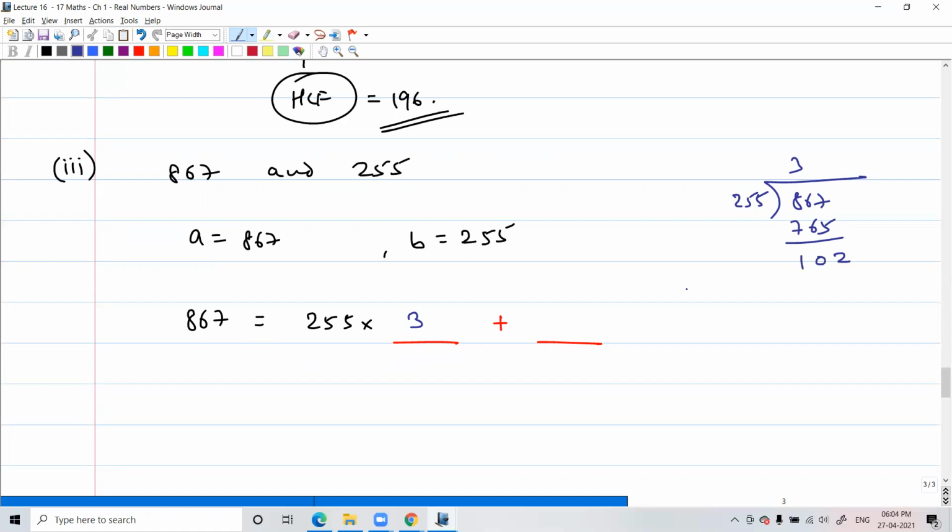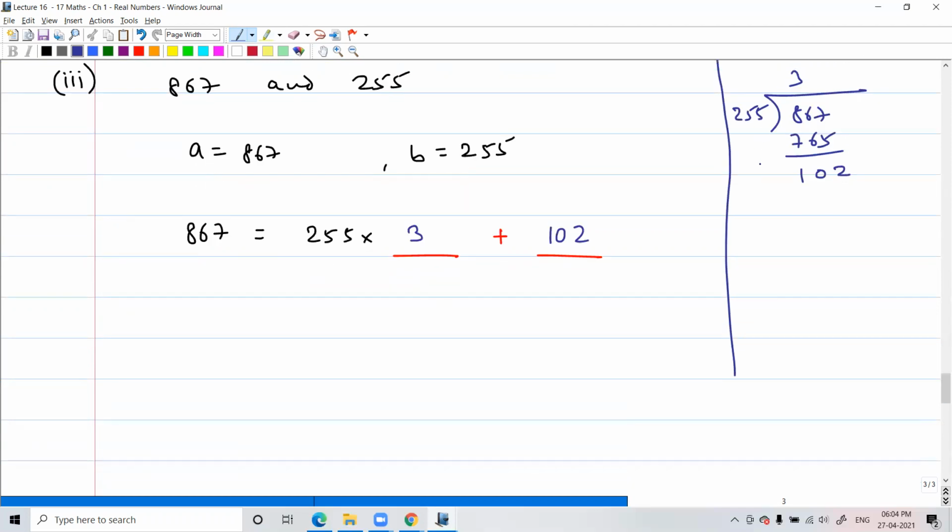Is that right? Yes, sir. 255 will be my new dividend. And what's my divisor? 102.